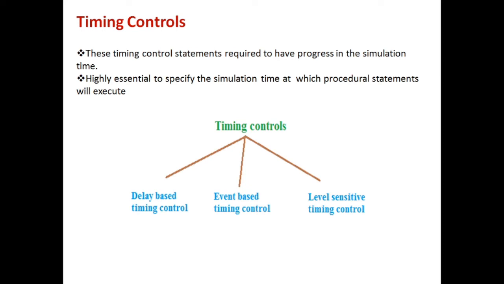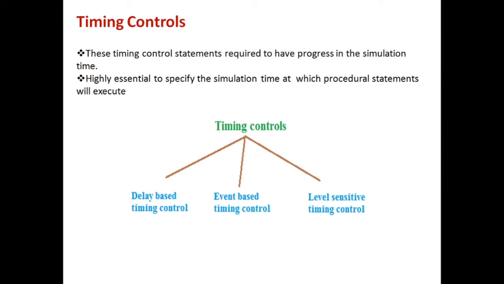for example, I have an expression which specifies the time duration between when the statement is encountered and when it is executed. We mainly use the delay symbol hash, that is a number symbol.